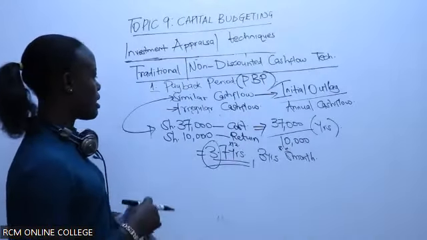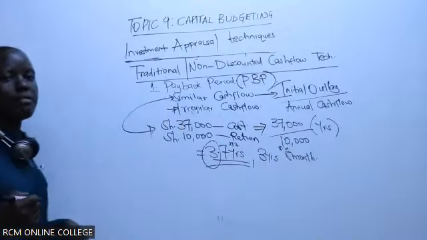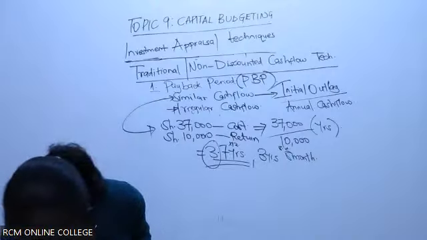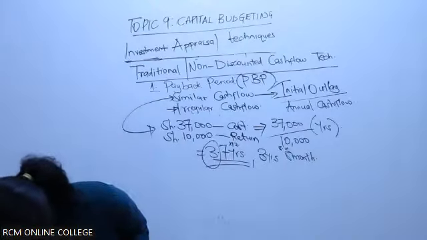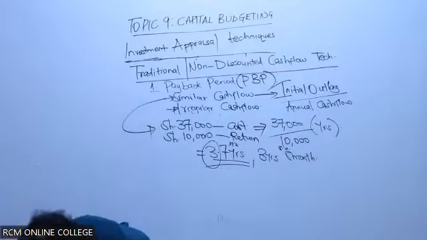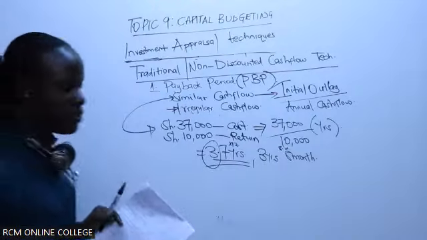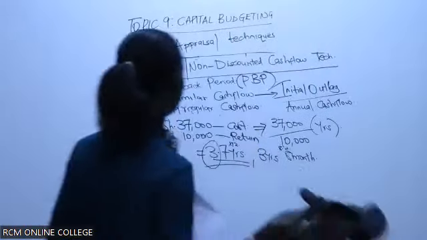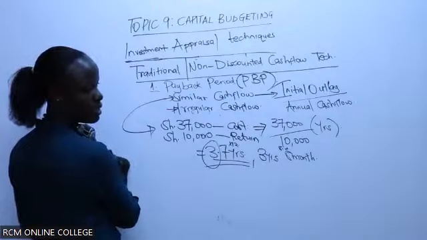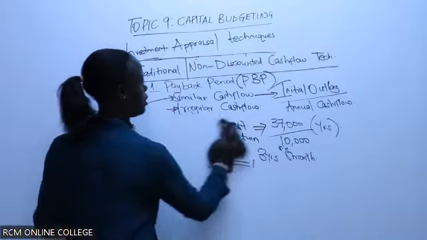Now, where we sometimes get some challenges, but it's also not hard, is where we have irregular cash flows. I want us to do an illustration on irregular cash flows.